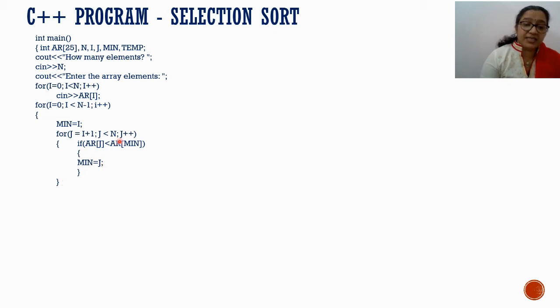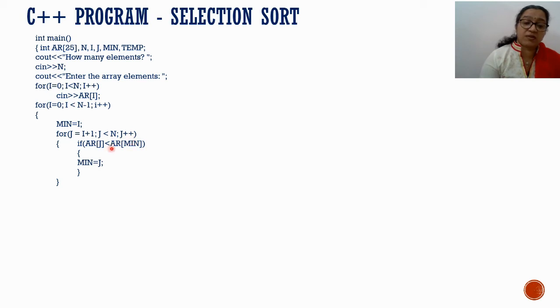Then j plus plus, now j is 2, and we compare with AR of min, with the position number. If the smallest element is at the first position, now we check AR of 1 with AR of 2. If it is true, min is 2 now. Then j plus plus, so again AR of j, AR of 3, with AR of min, and min is 2 now.